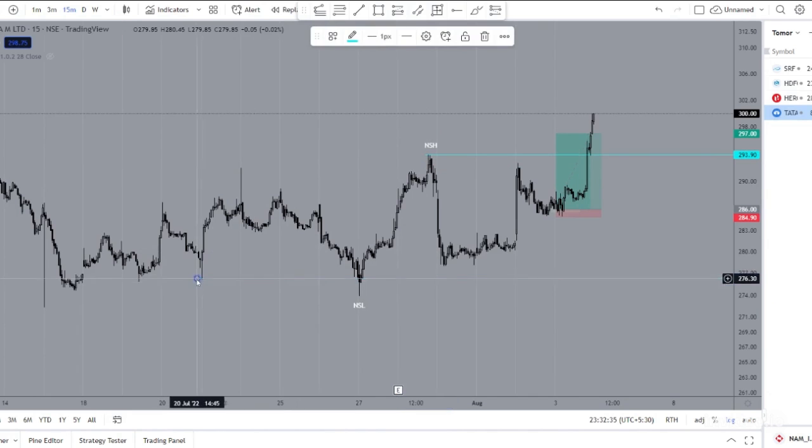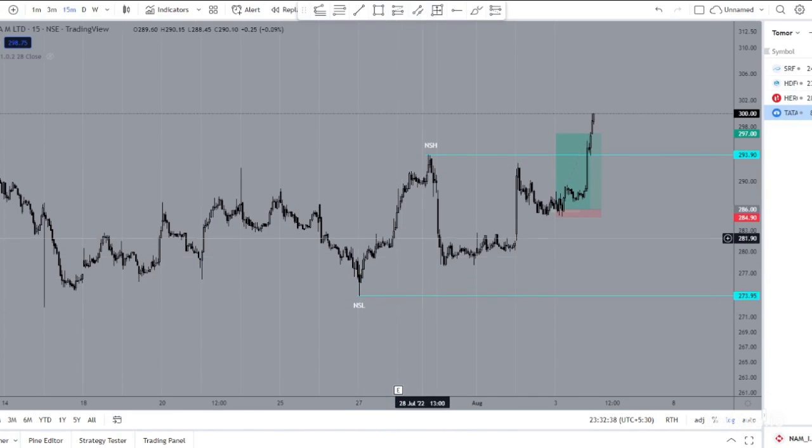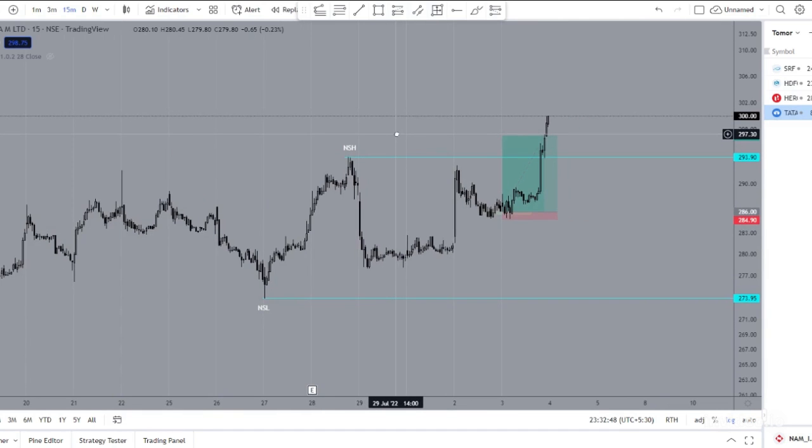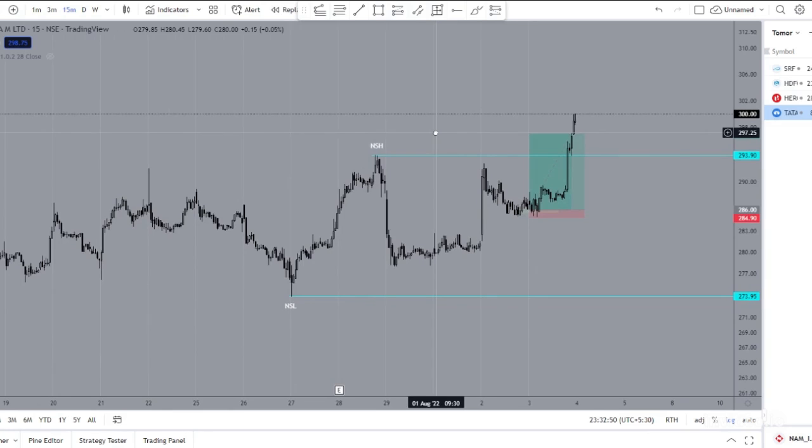You see, now our main swing has changed from this new structure high to new structure low. Now this is an upswing. The trend has been changed. So what is our premise?